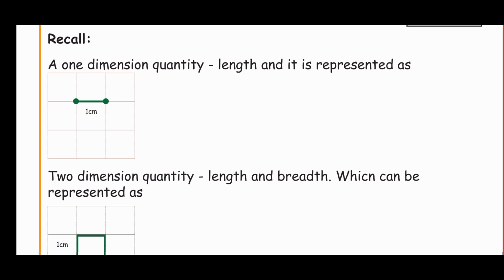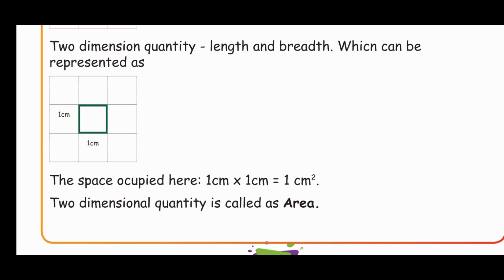Two dimension has length and height, it does not have any thickness. For example we can take chart paper. It has length and height, but it does not have any box type structure or three-dimensional view. The space occupied here is 1 into 1.